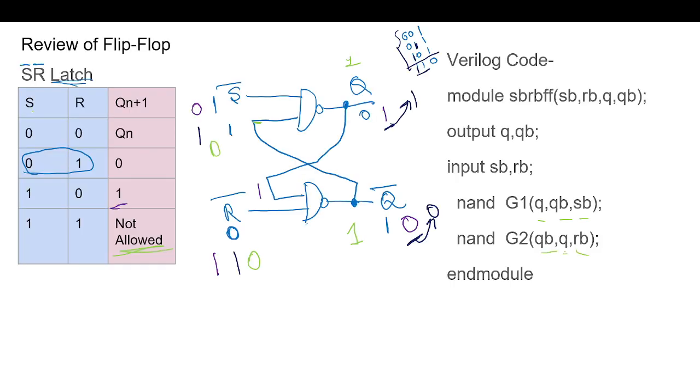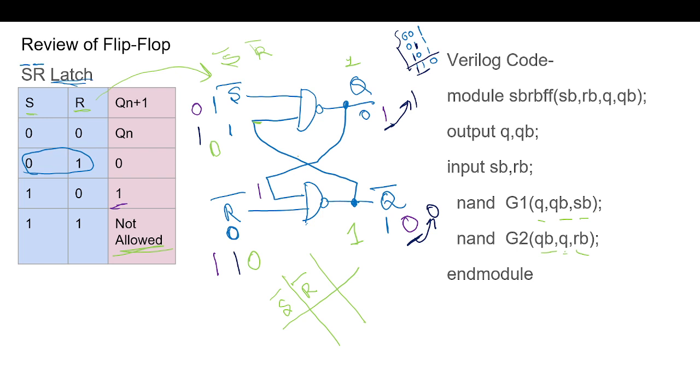Yes. Here I have written S and R, while mapping I am mapping as S bar and R bar. If I write S bar R bar directly, then it will be different. When I say it is 0, 1, I am writing it as 1, 0. When 1, 0, I am taking it as 0, 1.